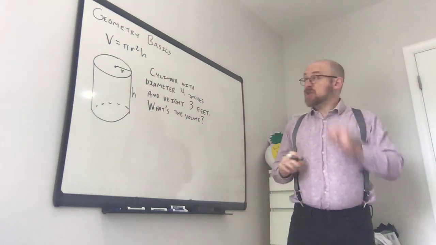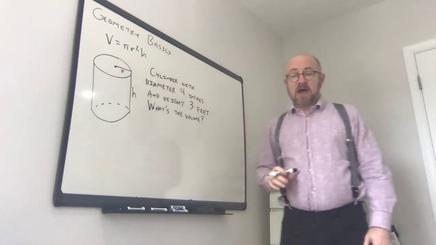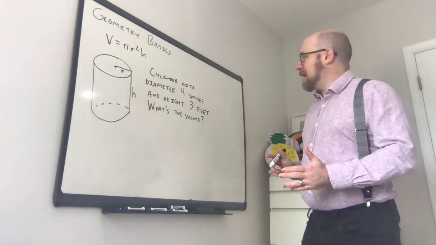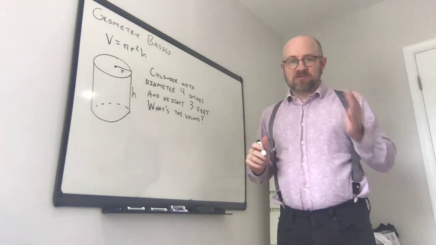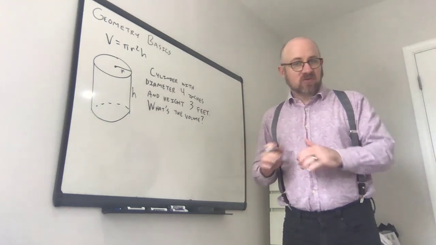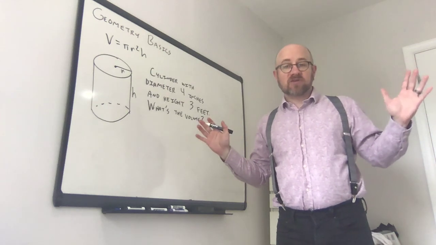Okay? Now we know the formula is volume equals pi r squared h, and so it's very natural to say, okay, I'm going to take volume equals pi times 4 squared times 3. And that's wrong, like 100% wrong.